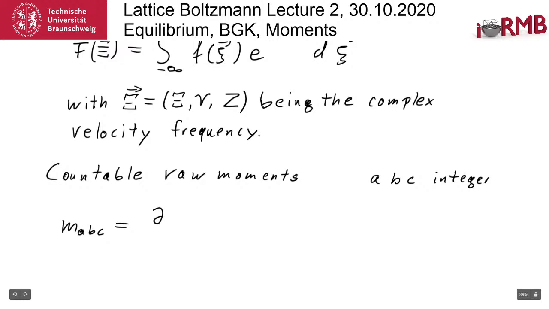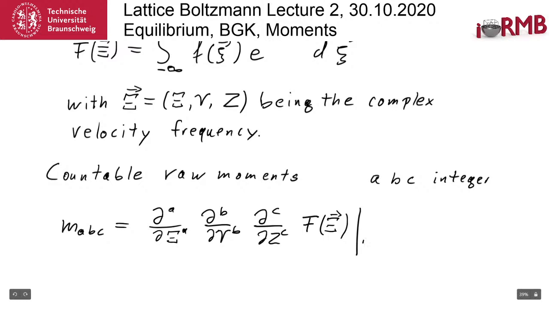We have here the A-th derivative of Xi, the B-th derivative of this Epsilon, and the C-th derivative of Zeta of the Laplace transform distribution function with this vector at the position Xi equal to 0.